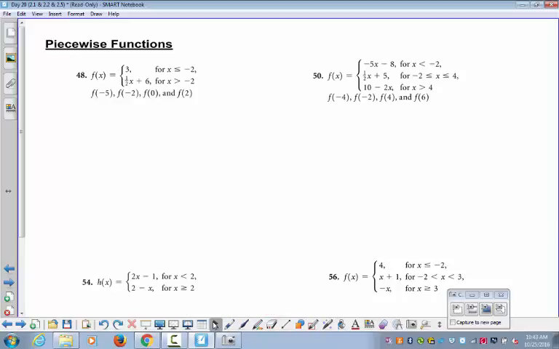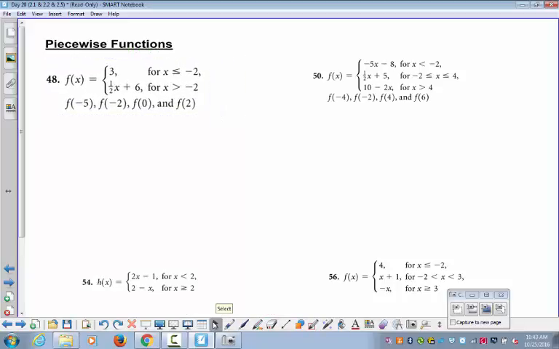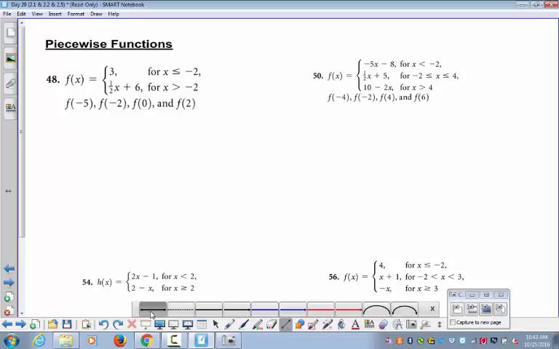Okay, so let's take a look at this piecewise defined function. We're going to start with the top piece. So for x less than or equal to negative 2, the y value is 3.